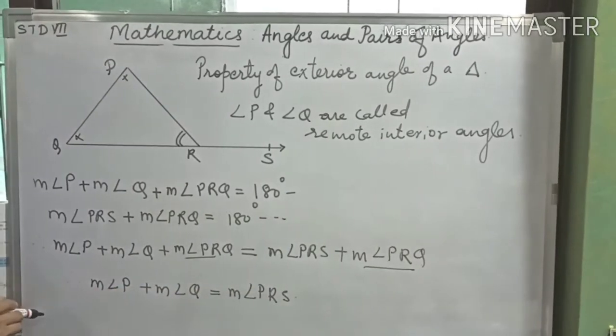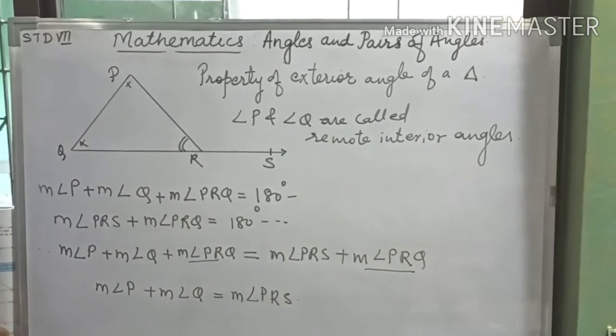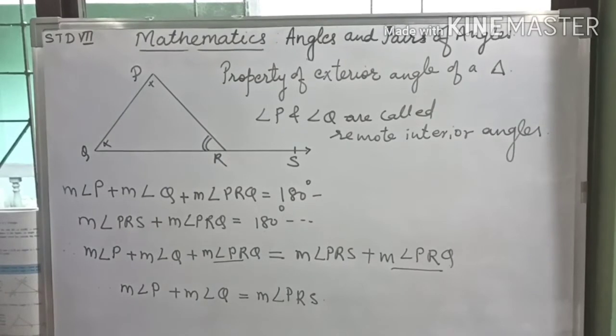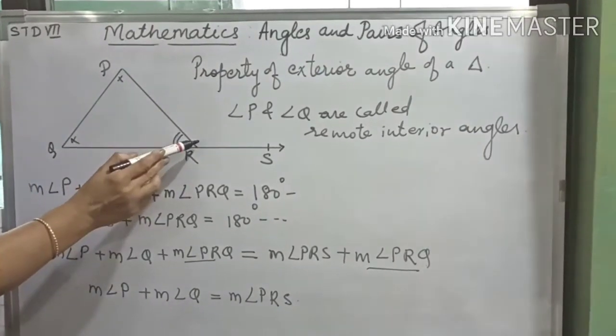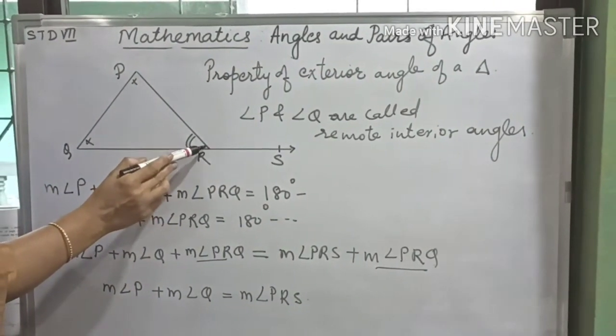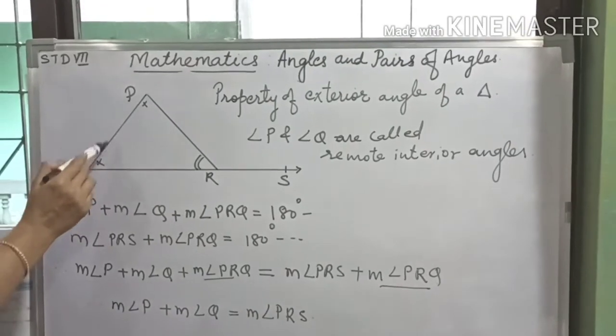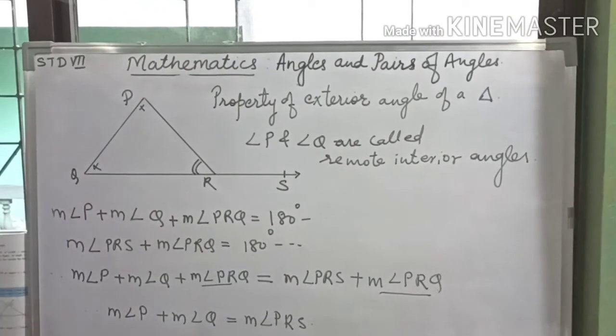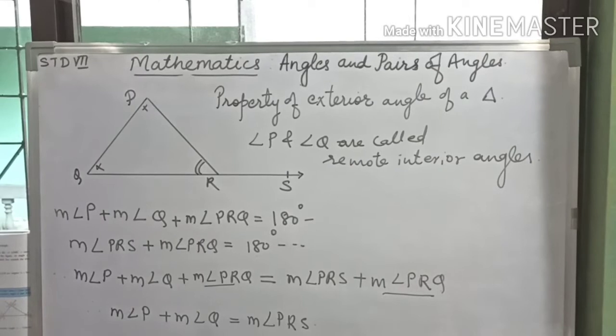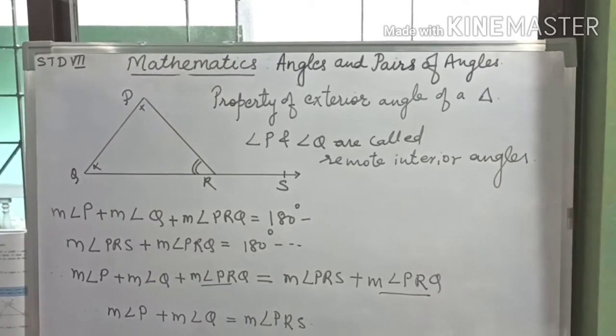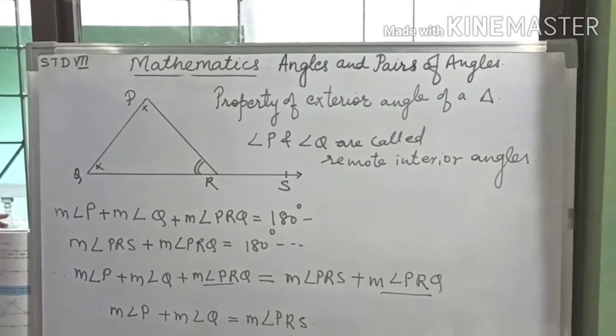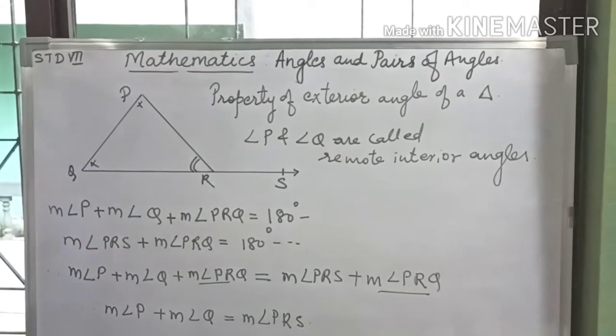So from this we can state the property of exterior angle of a triangle, that the measure of the exterior angle of a triangle is equal to the sum of the two remote interior angles. Based on this property, we are going to solve the sums from the practice set.